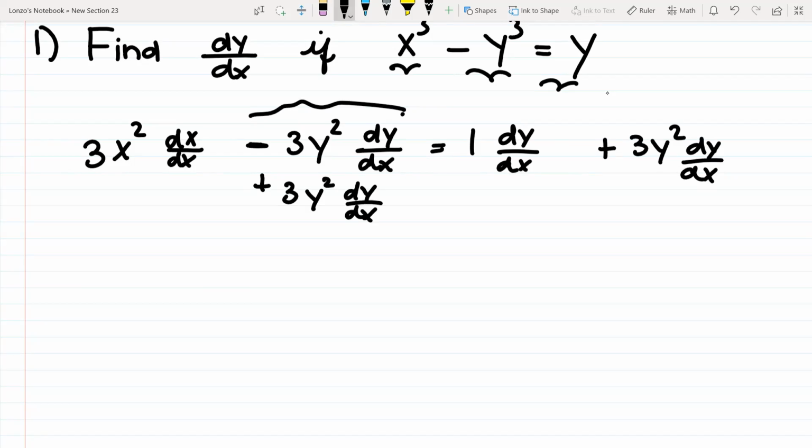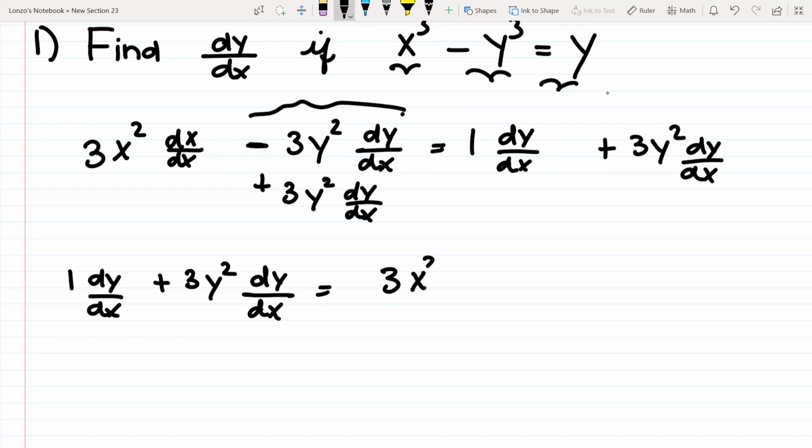I'm going to switch this to the left because you can do that because of the commutative property. So you can write this as 1 dy/dx plus 3y squared dy/dx. And then on the right, it's just left with 3x squared.